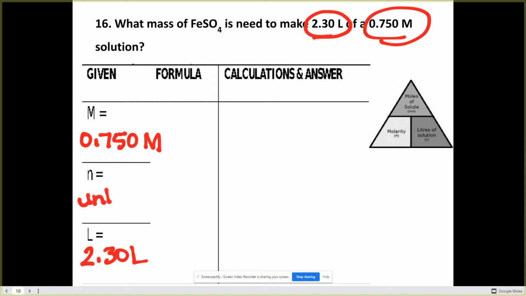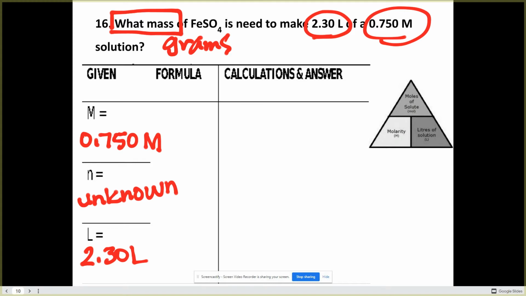The problem is, if you look closely at the question, it says what mass. Therefore, the answer has to be in grams. So what do you do here? Well, in this case, you have to solve first for moles and then convert it back into grams by multiplying it this time, instead of dividing, with its molar mass.